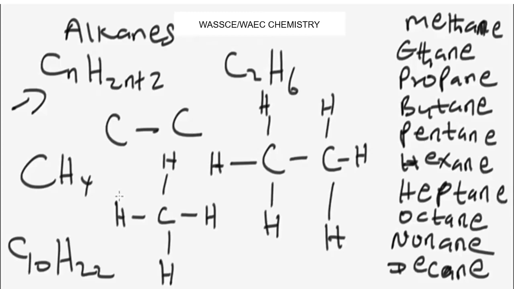Now, let's look at properties of the members of the alkane family. Very important. Note that the alkane properties change as the chain gets longer. Just like here, the chain of ethane is longer than the chain of methane. If you also draw the chain of propane, it will be longer than the chain of ethane.